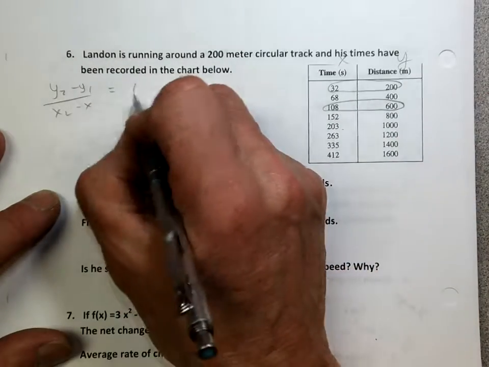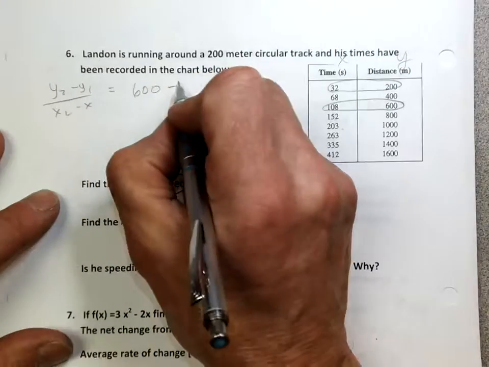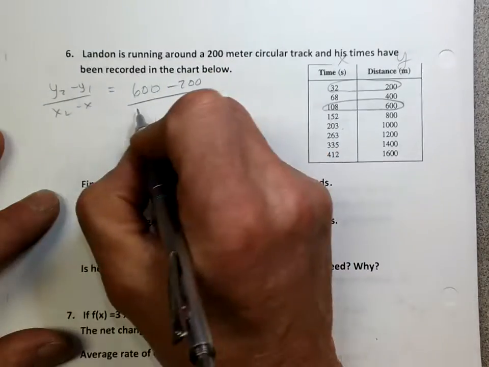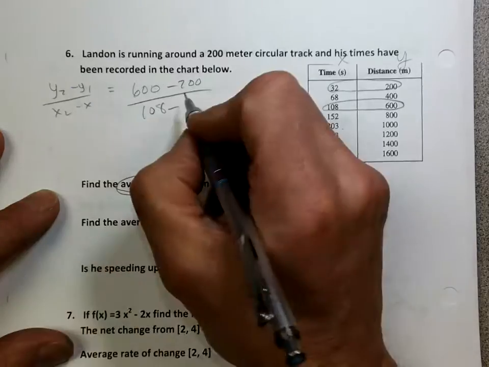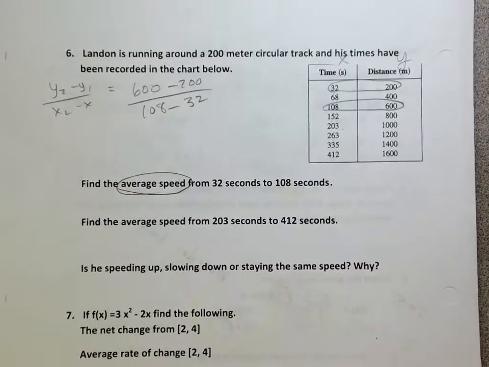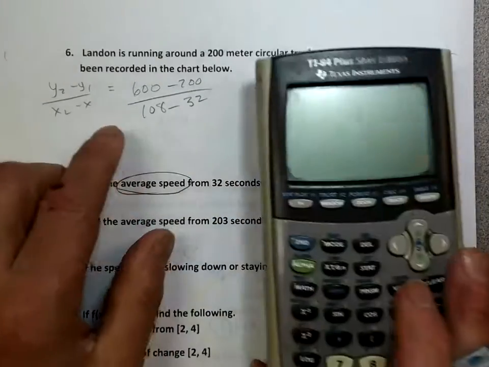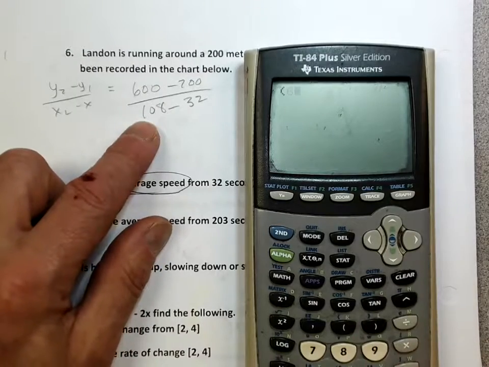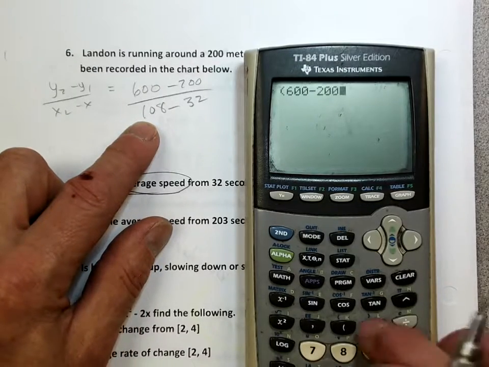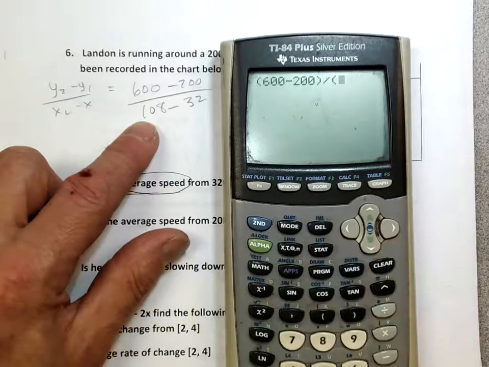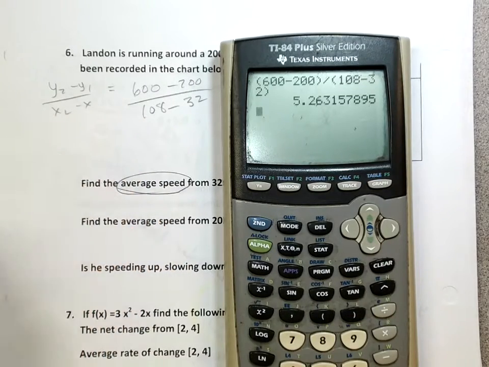So to answer the first one, I'm just going to go 600 minus 200 over 108 minus 32. And I'm just going to use a calculator. I mean, heck, I like my calculator. So I'm going to go parentheses 600 minus 200 parentheses divided by parentheses 108 minus 32, and I get an answer of about 5.26.